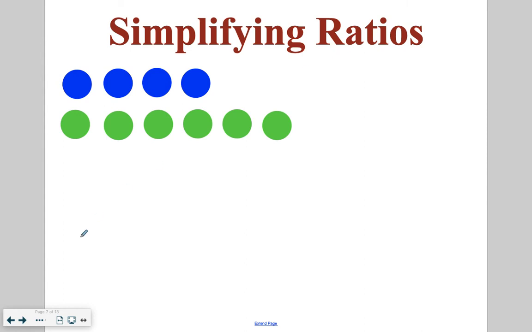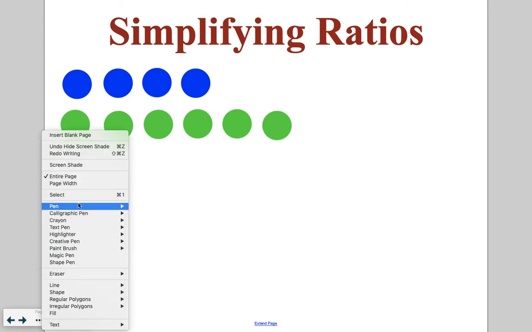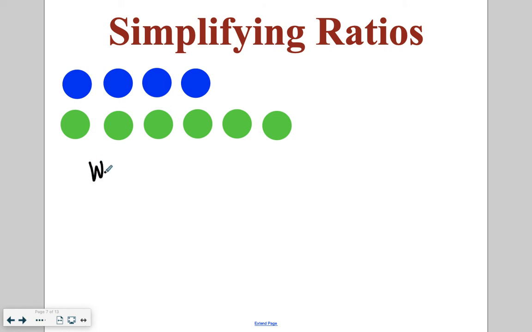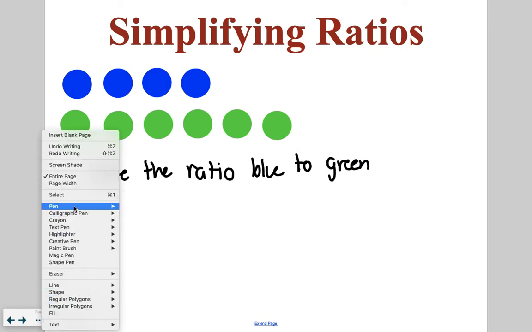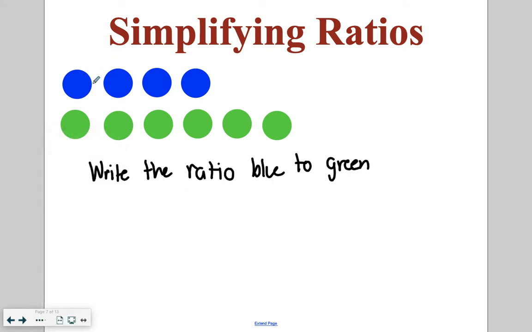Simplifying ratios works the same as simplifying fractions. So first, we'll go over this again. We're going to write the ratio of blue to green, and we're going to start that with 1, 2, 3, 4 blues, and 1, 2, 3, 4, 5, 6 greens.